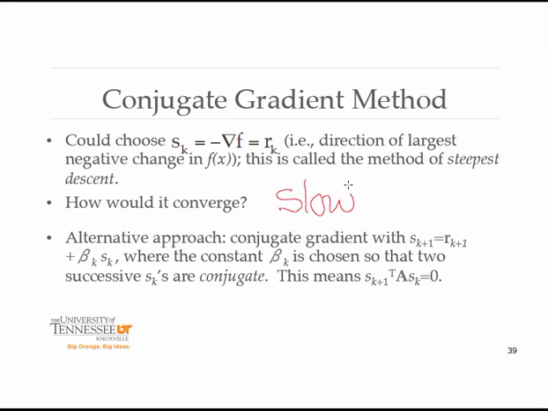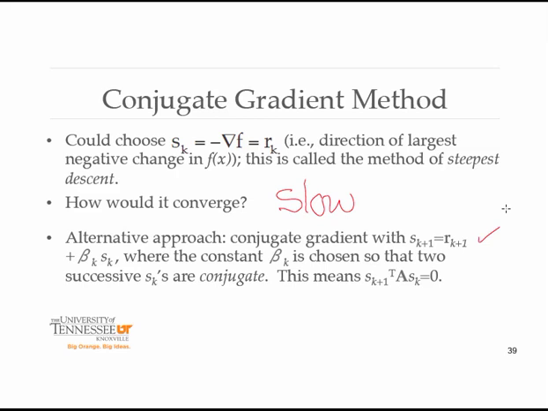So the alternative approach, which is associated with conjugate gradient, is to make the gradient conjugate with the search direction. In this case, you want to choose the s_{k+1} indicated here as a form of the (k+1)th residual that you would obtain plus a linear combination of a search direction s_k and another step length called beta_k.